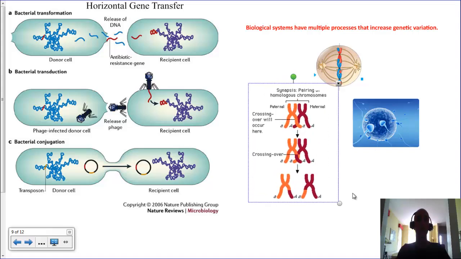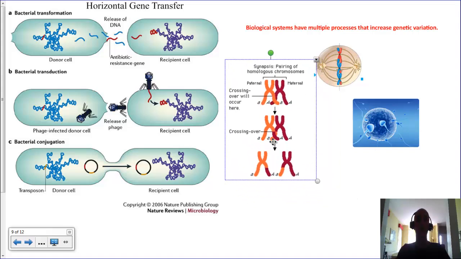Then sometimes during prophase, before they go through meiosis, there's a process of crossing over. Crossing over exchanges genetic material between homologous chromosomes. Let's say the orange came from dad and the purple, or mauve, is going to be coming from mom.